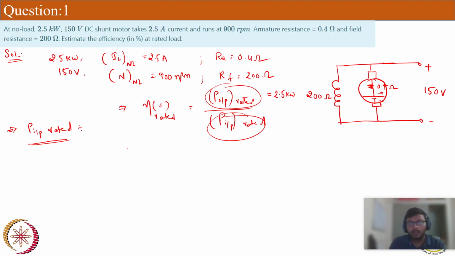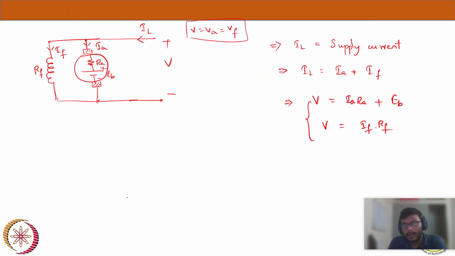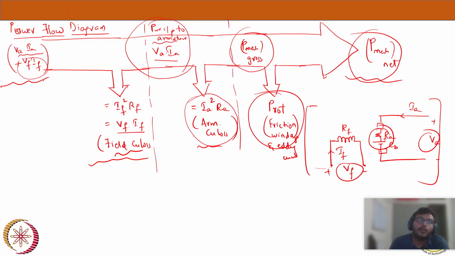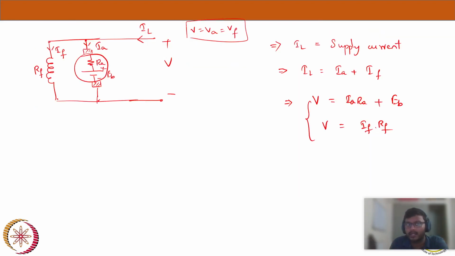Okay, let's go back to the power flow diagram. Here you can see this is the total input power, VA-IA plus VF-IF. Since it's a shunt motor, VA and VF are the same. If I take V common, it is V times IA plus IF. So IA plus IF is nothing but the supply current the machine is drawing at the rated condition.